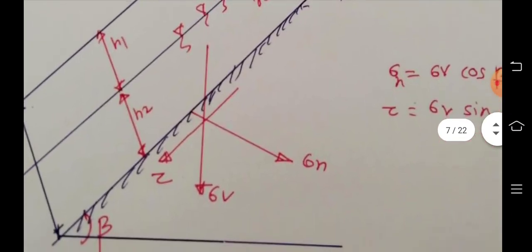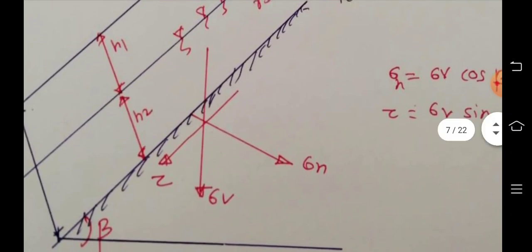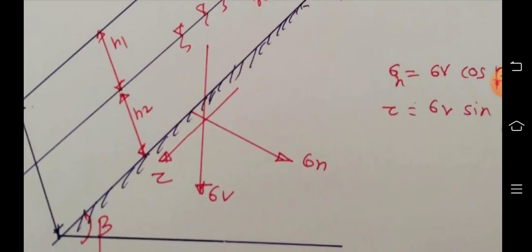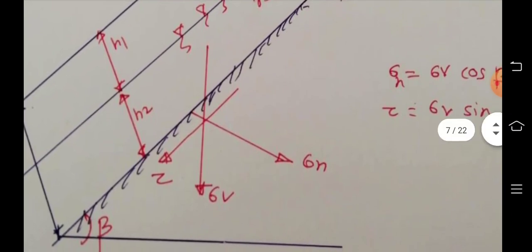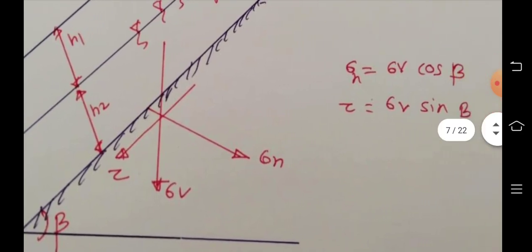Okay, so we know that the vertical stress can be calculated by using the formula sigma v. We know the formula, sigma v equals gamma into z multiplied by cos of beta, due to the inclined angle, and its normal and shear components are: normal component sigma v cos of beta, and shear component sigma v sin of beta.